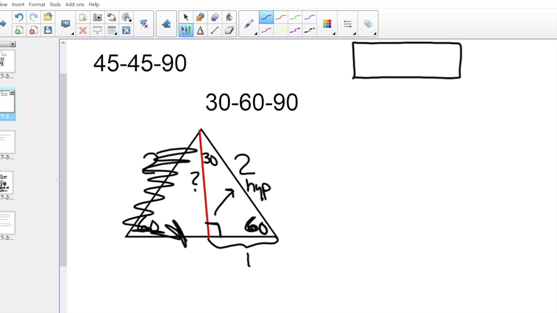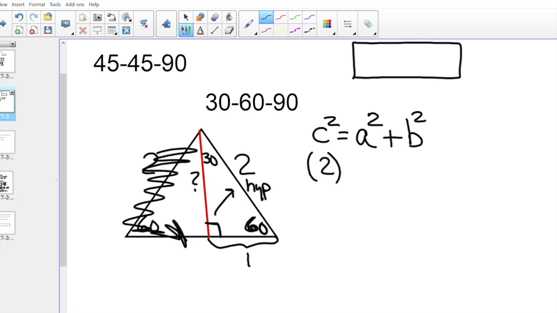The hypotenuse squared is equal to the sum of the squares of the legs. So the hypotenuse is 2.